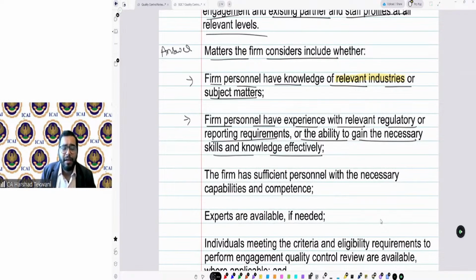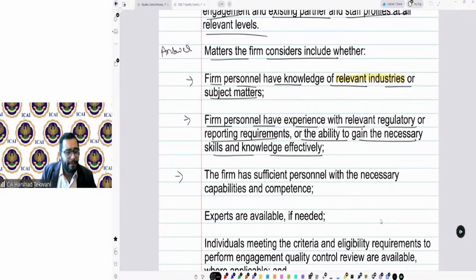Can the personnel get the necessary knowledge with respect to auditing an insurance entity? Can they get that knowledge quickly in a shorter duration, or what time do they require? These are a few questions that need to be asked.